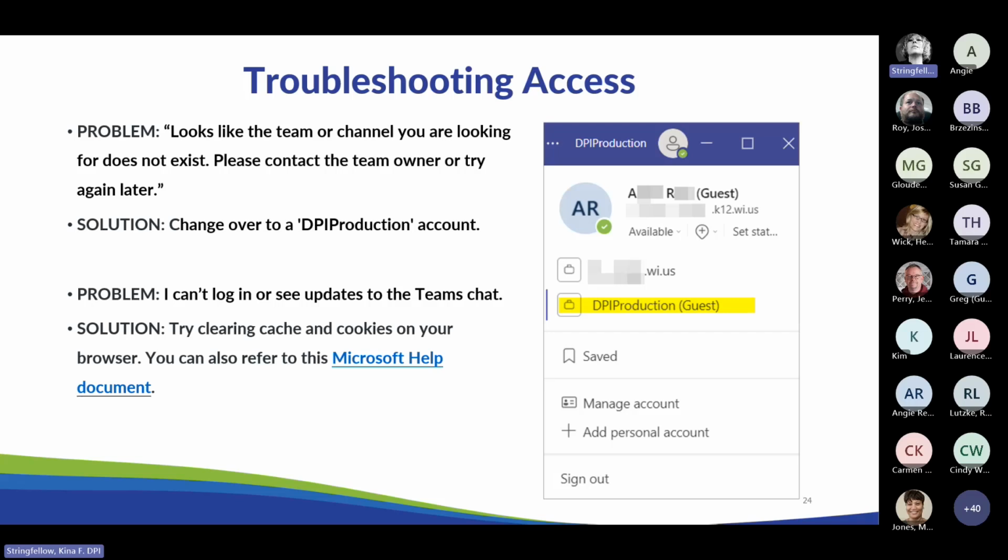So if you're coming across this message, the way to troubleshoot it is by selecting the DPI production guest account. If you can't log in or see updates in the Teams chat or postings, a simpler solution follows that one, and you might just need to try clearing your cache and cookies on your browser.